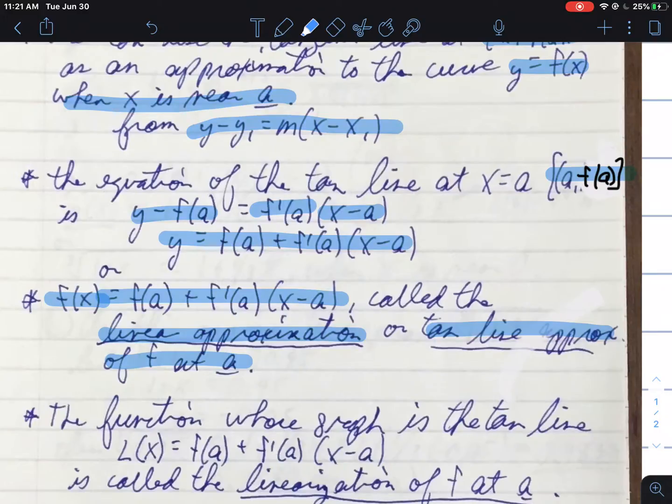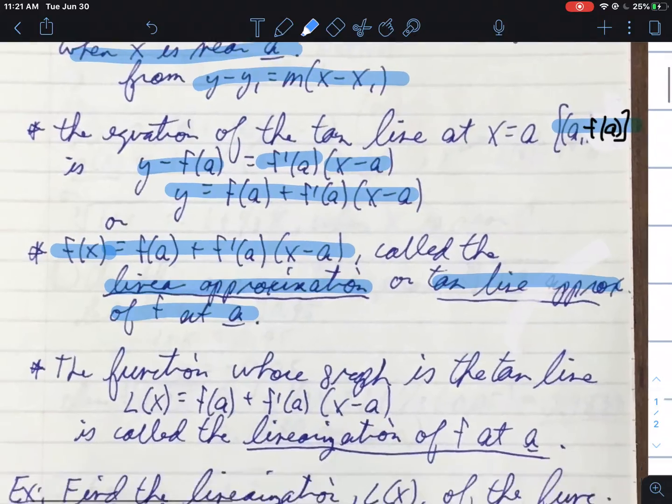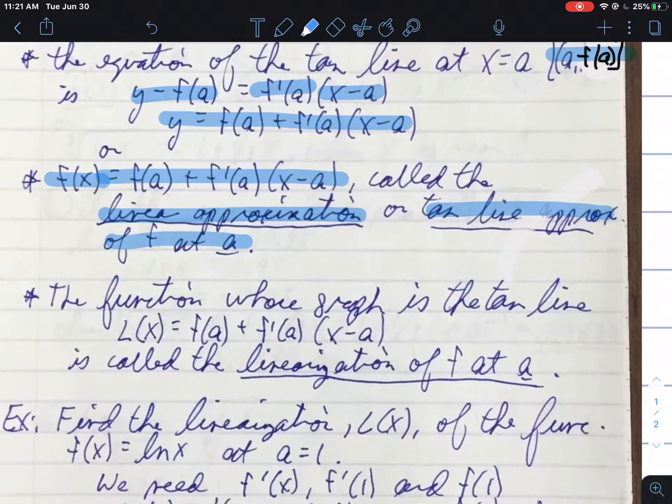All right, so again, all that is nothing more than the equation of your tan line, just rewritten, different notation. That's all it is. Now, splitting hairs a little bit, we call that the linear approximation, or the tan line approximation to our curve, this f of a plus f prime of a times x minus a.